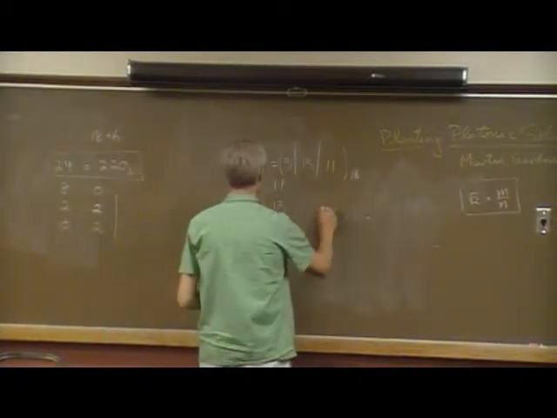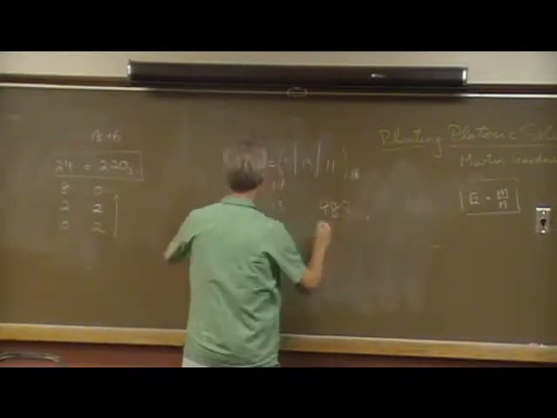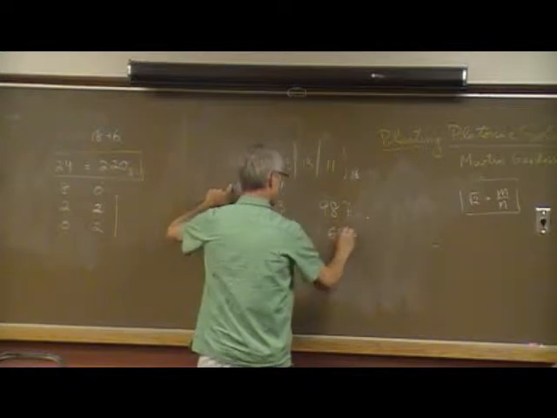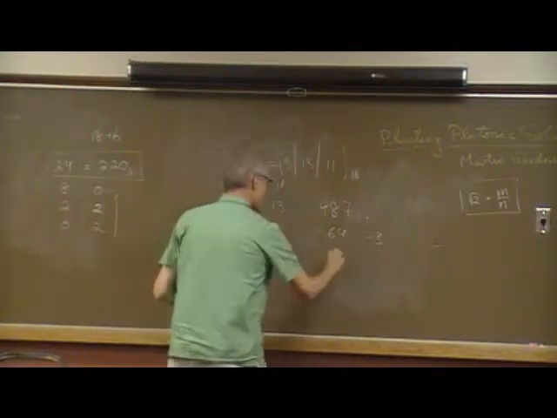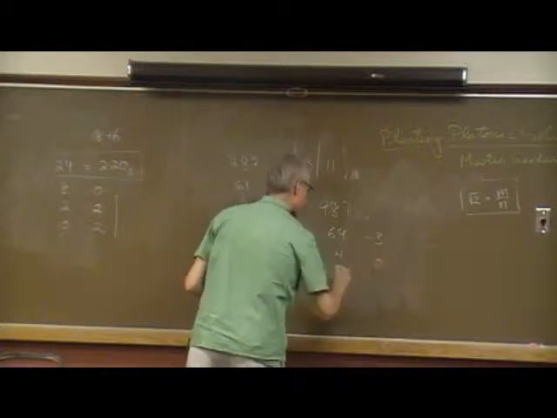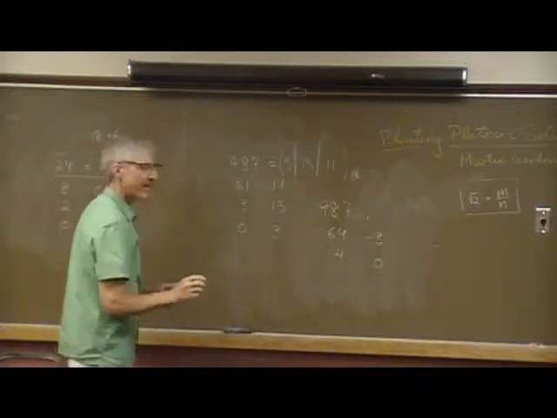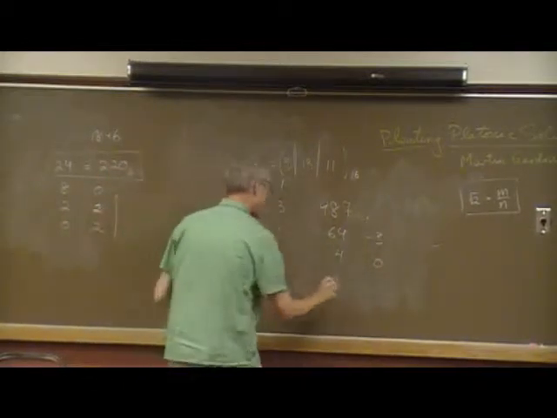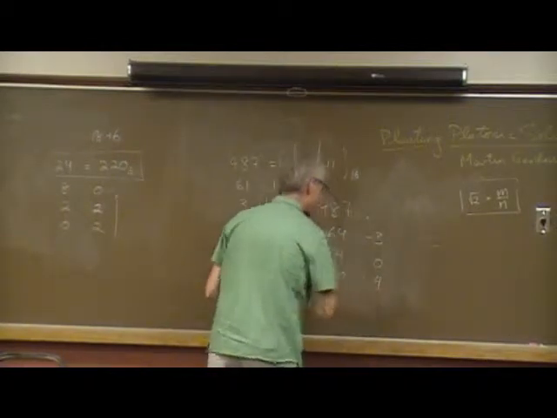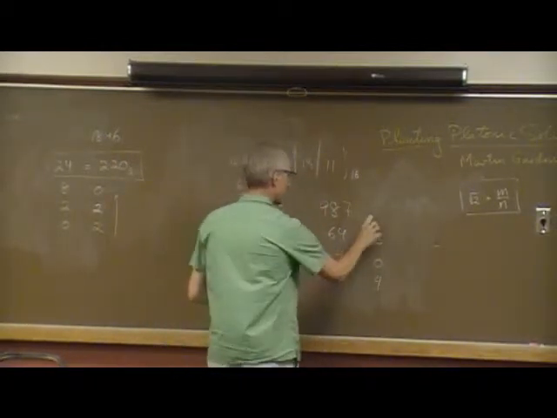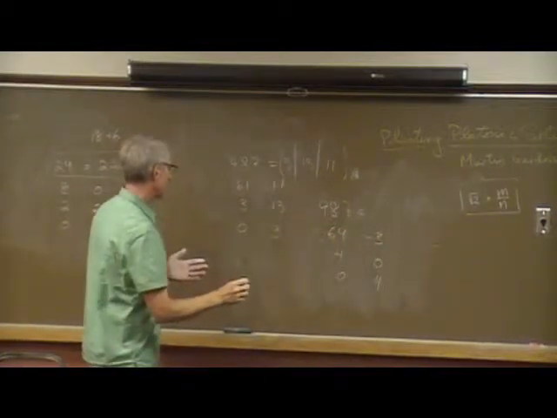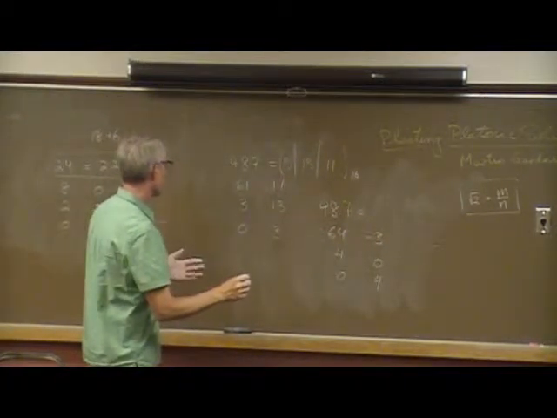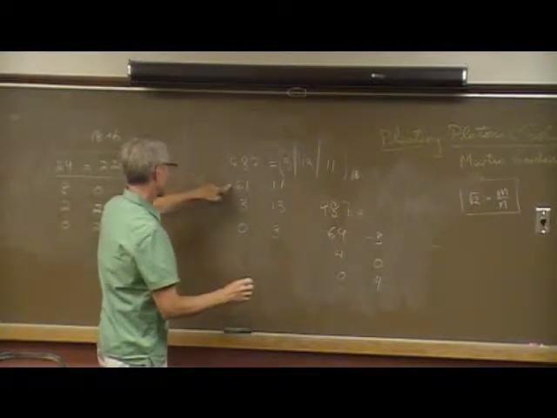Okay, fingers crossed. 987, so 64 with a remainder of -3? Actually, the 64 came when we did the 61, instead of the 3.